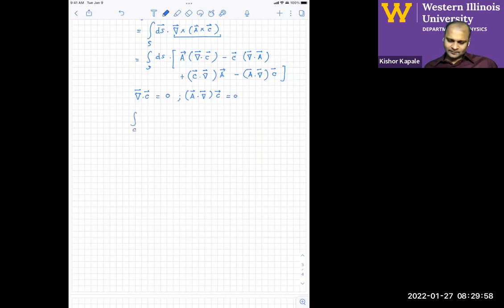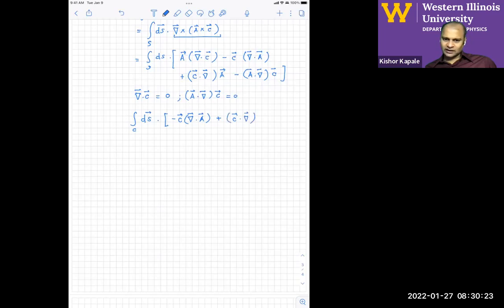the two terms ds dotted with negative C times divergence of A plus A. Now A order doesn't matter, so we're just going to write down C. Oh no, it's actually in that correct order.